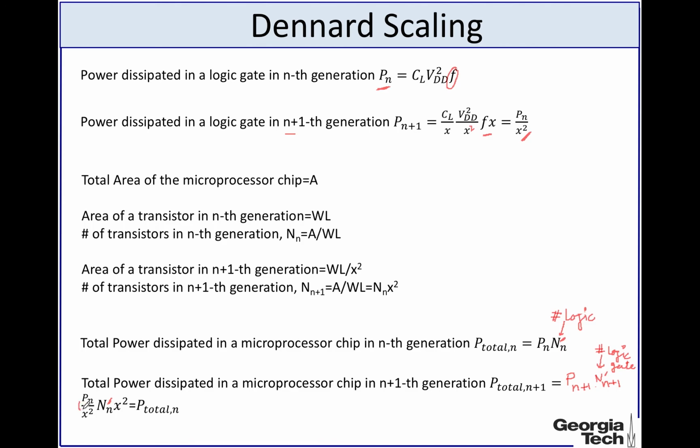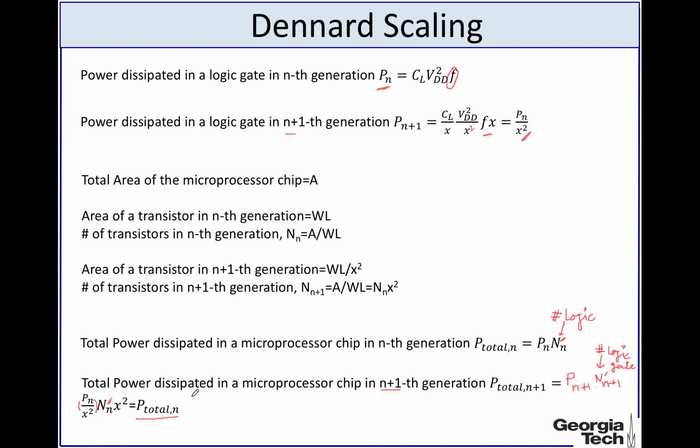On the other hand, the total amount of power dissipated in an individual logic gate has gone down by a factor of x squared, and as a result the total amount of power dissipated in a microprocessor chip in the n plus 1 generation is essentially the same as the power dissipated in the microprocessor chip in the nth generation.